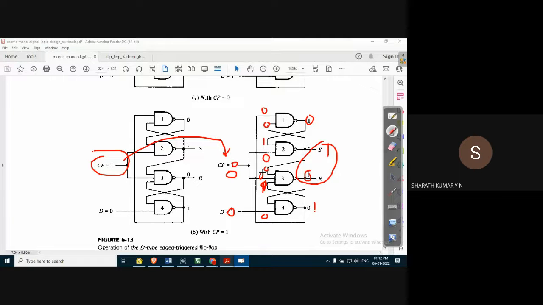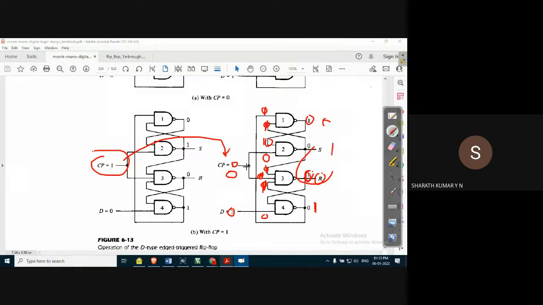This becomes 1. Because of 0, R becomes 1. R continues to be 1. So this input is 1. S is 1. This is 1. 1 1 gives 0. When 0 is applied, this gives 1.